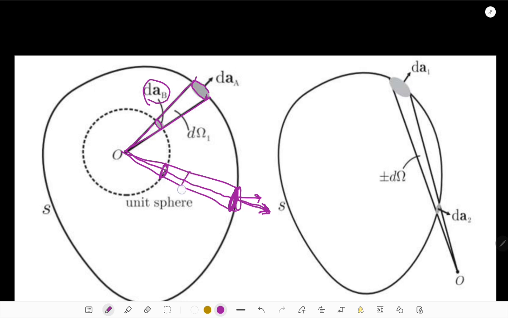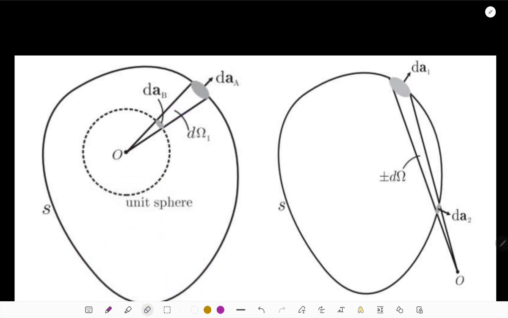If I call this d omega 2, then omega will be simply the sum of d omega 1 plus d omega 2, and finally you are going to get 4 pi, because this is the sphere and this is the center of the sphere. So the sphere is going to subtend a total solid angle of 4 pi at its center, and by this we know that any closed surface of any shape at any inside point is going to subtend a total solid angle of 4 pi, nothing else. This is the first of the results.